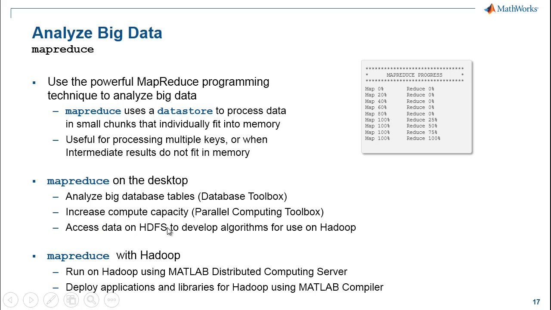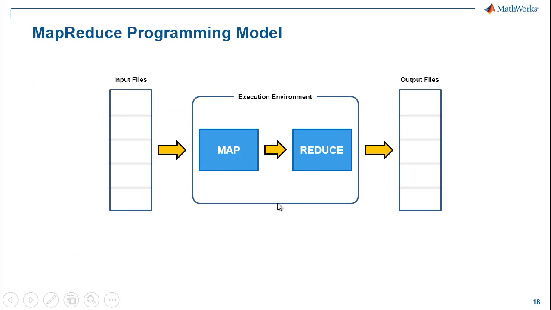And if we have data already living on Hadoop, we can access it through a datastore and develop algorithms on our desktop that run on the data that is stored on Hadoop. We can also write MapReduce and directly run it on Hadoop, either natively using MATLAB Distributed Computing Server, or we can deploy it with libraries using the MATLAB Compiler, and we'll dive into details on that a little later. But let's start with just a conceptual overview of how the MapReduce programming model works.